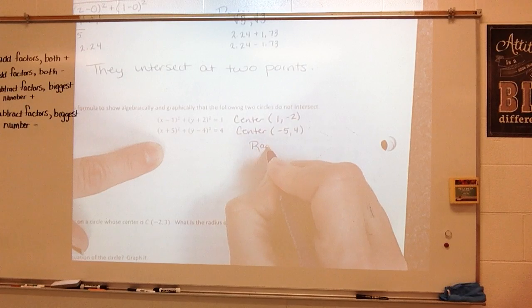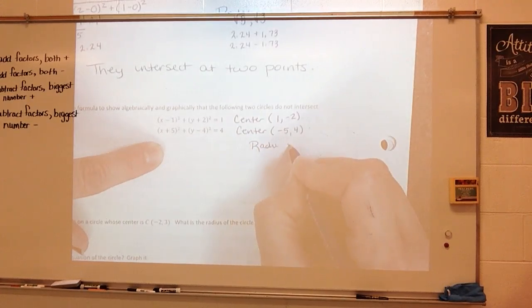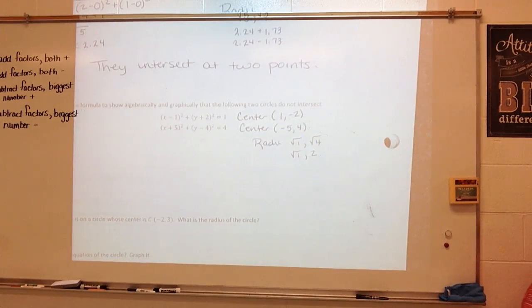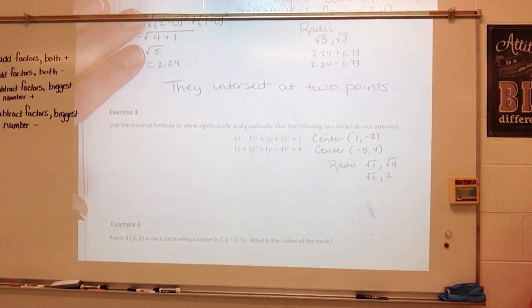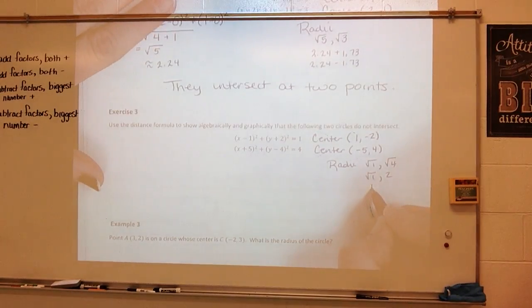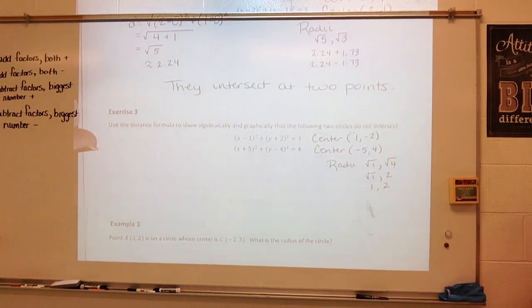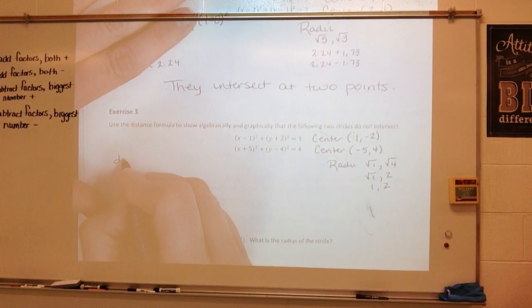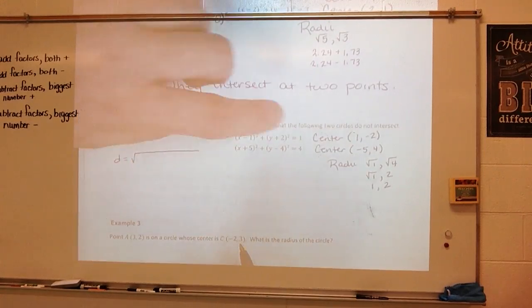I know that the radii are the square root of 1 and the square root of 4, which is 1 and 2. Now that I know my centers, I can do the distance formula, which, guys, square root of 1 is 1, by the way. I didn't catch that.